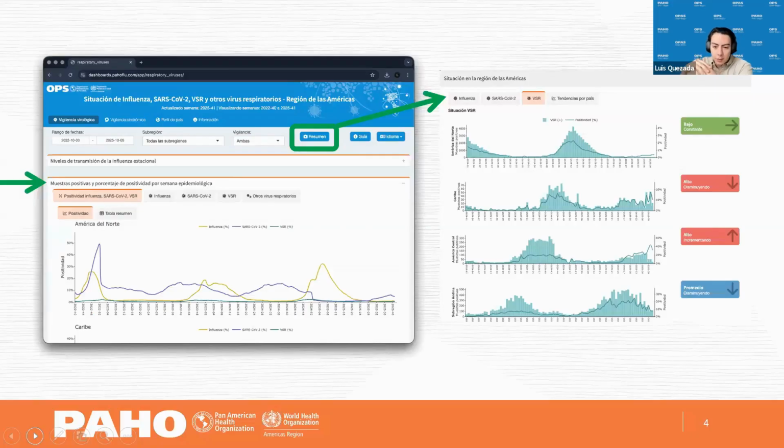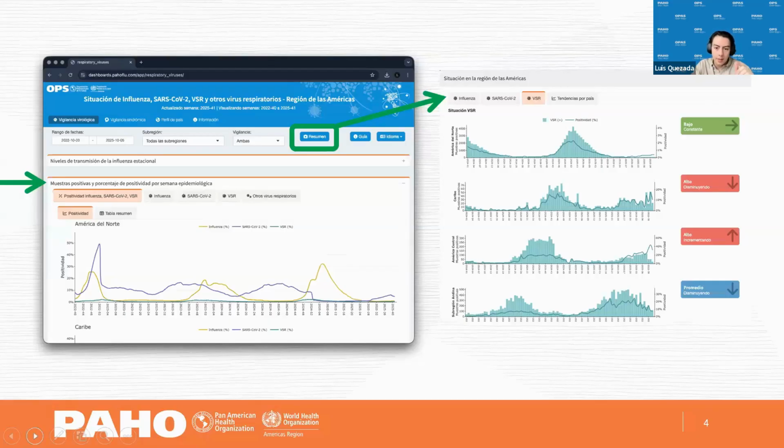Let's look at how we could have used the dashboard to answer that question. If you will recall, during the presentation we went to the summary section that we can see in the first page of the syndromic surveillance page. It allows us to look at the latest data, last year and the year before, and includes boxes showing the trends in recent weeks and whether the level is higher than usual, average or lower.